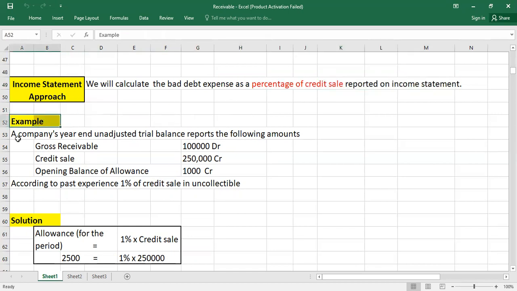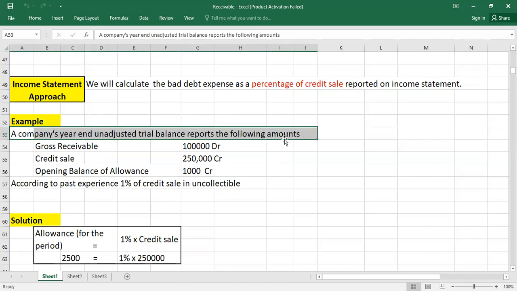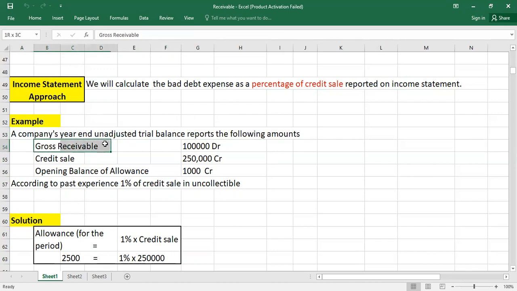Here we have an example: a company's year-end unadjusted trial balance reports the following amounts. Gross receivables are 100,000. Receivables mostly have a debit balance. Credit sales have a credit balance of $250,000.